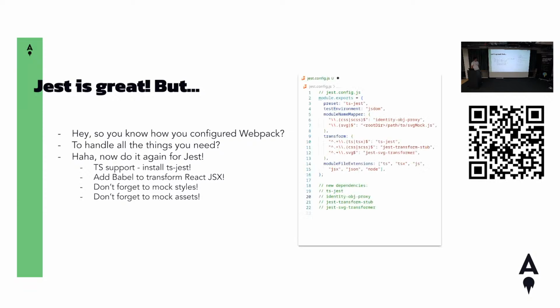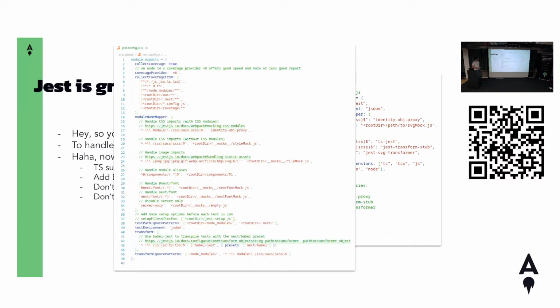So you've configured Webpack on your own, and now you need to do Jest as well, because it doesn't understand CSS, it doesn't understand asset imports, it doesn't know what images are. So you need to tell it to basically ignore the images, transform the TypeScript, and it ends up looking like this. If you're lucky, if you're using Next.js, it ends up looking like this. So yeah, not a great time, not great developer experience.